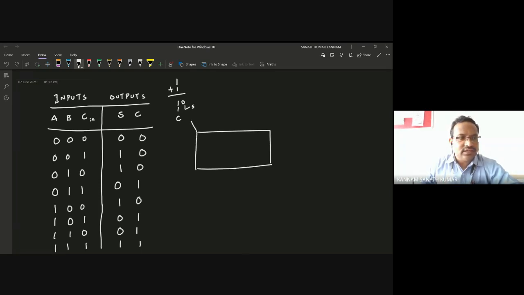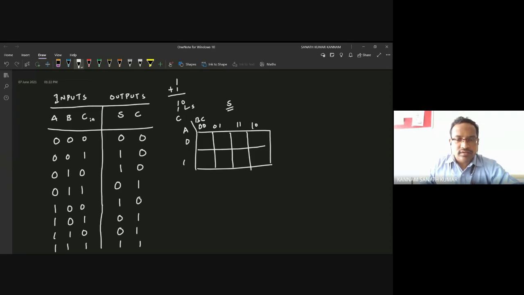Let us take this for A, B, C. This is the K-map for sum. I'm drawing the K-map for sum.